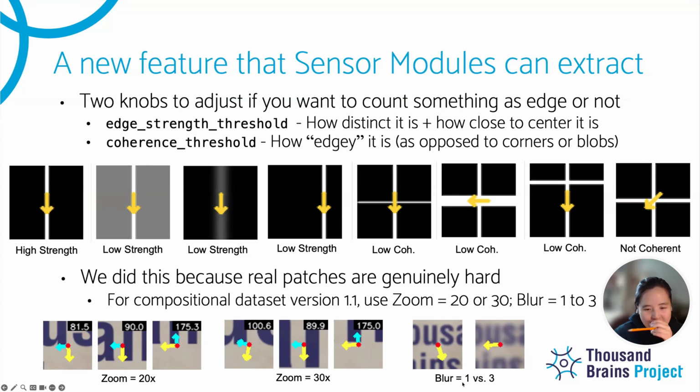Yeah, and so I'm giving you the kind of behaviors. This is why I put, if you're using for whatever reason this particular data set, compositional data set version 1.1, you will see that I use a zoom 30 and a blur of some value.